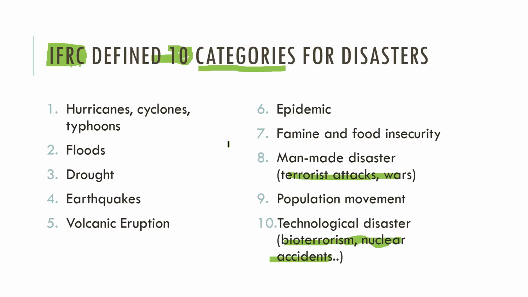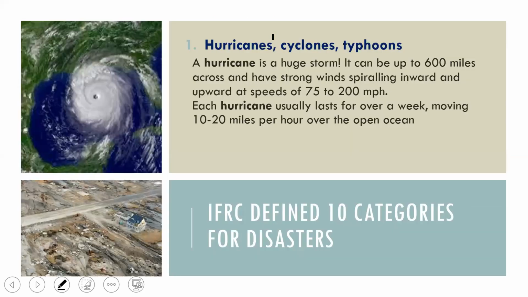So, the categories of disaster, or the types of disasters. Let us start with hurricanes. What do we mean by hurricanes? Basically, we have three names for this disaster: hurricane, cyclone, and typhoon.